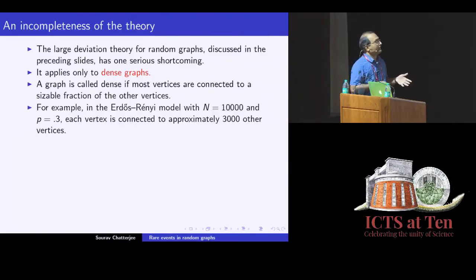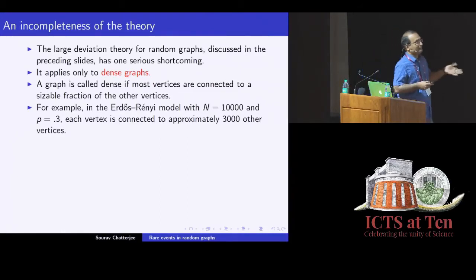For example, if you have an Erdos-Renyi graph with 10,000 nodes, so there are 10,000 people, and any two are friends with probability 0.3, then each person is connected to roughly 3,000 other vertices, and that's a dense graph, because every vertex is connected to a sizable fraction of the other vertices.